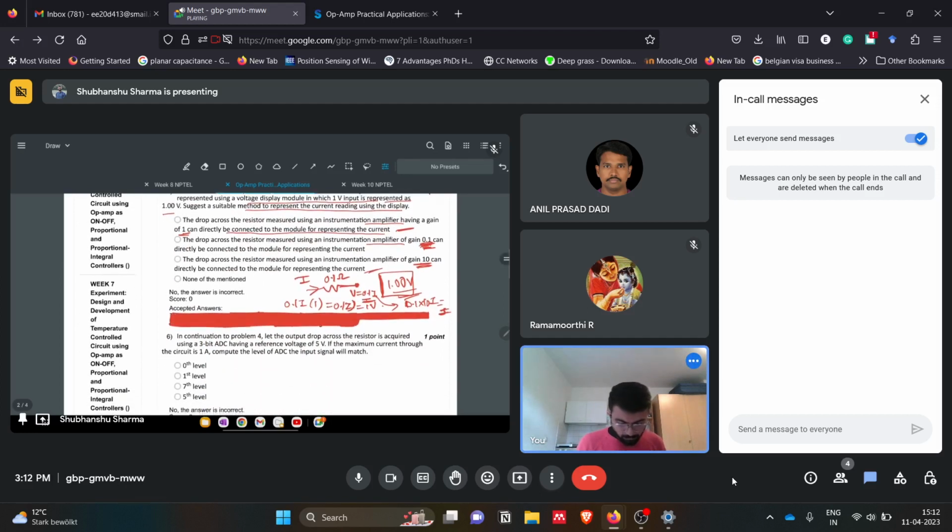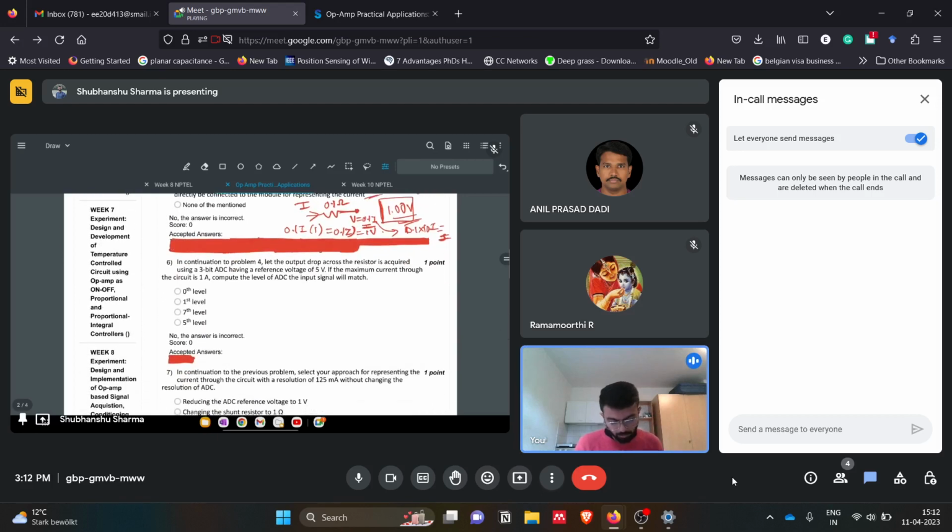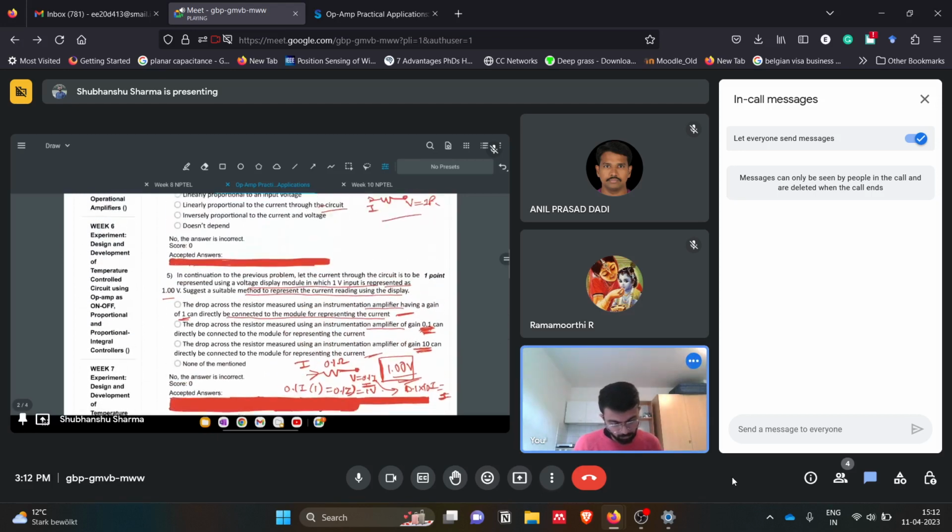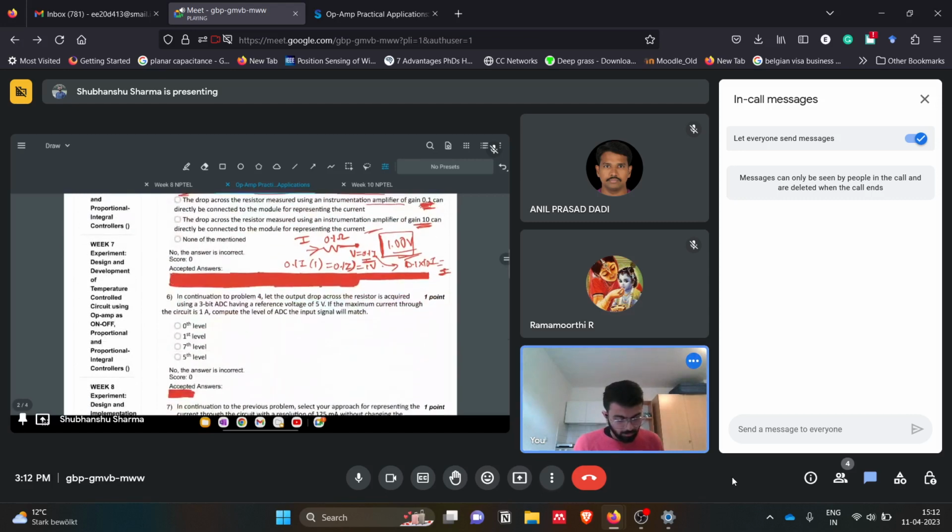Then the next question, in continuation to problem 4: let the output drop across the resistor be acquired using a 3-bit ADC having a reference voltage of 5 volts. So they are saying V reference is 5 volts. If the maximum current through the circuit is 1 ampere.